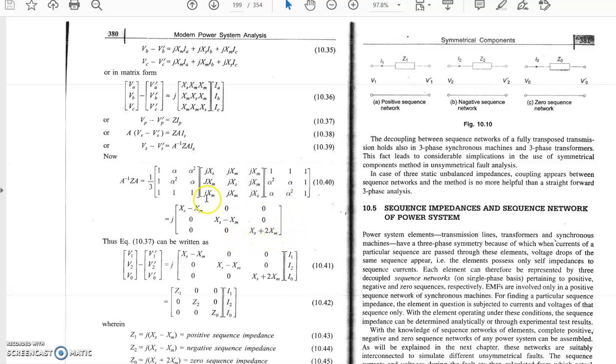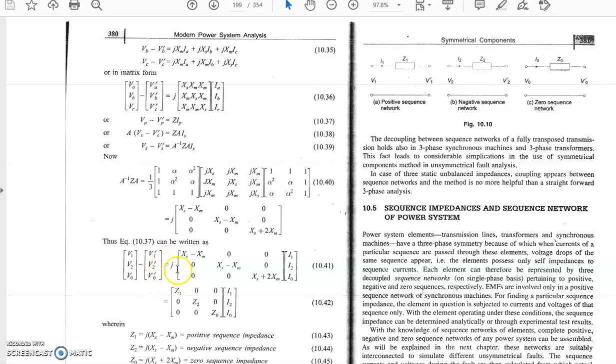So our equation will become, when we put this multiplication value in the above equation, Vs minus Vs dash. Vs means sequence component, or we can write it as V1, V2, V0, positive sequence, negative sequence, or zero sequence, minus V1 dash, V2 dash, V0 dash.